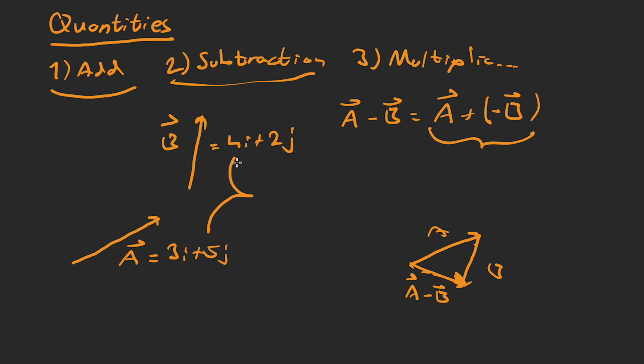That's 3 minus 4, which is minus i. That's 5 minus 2, which is 3j.